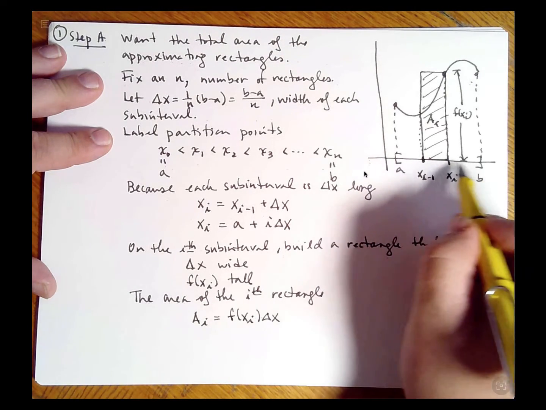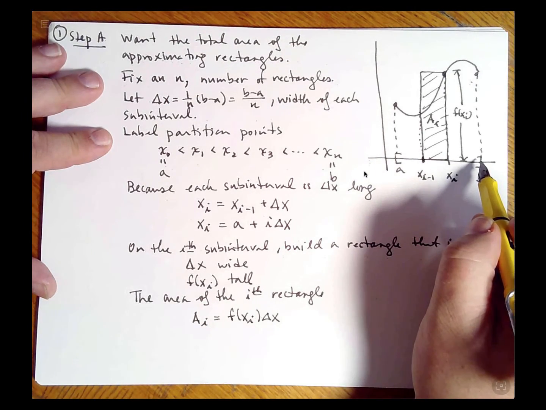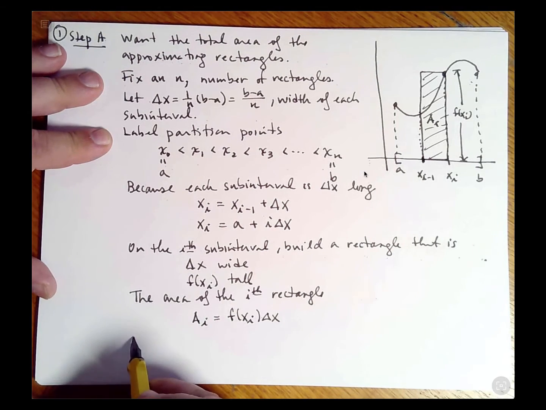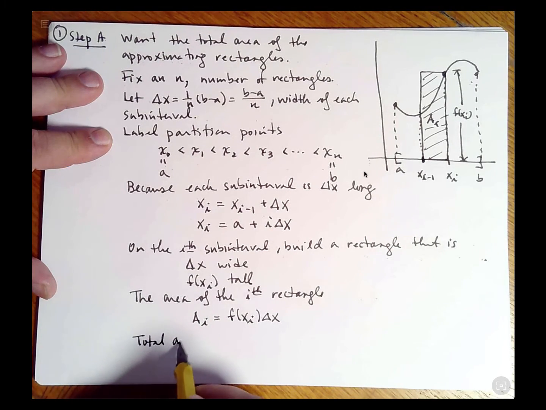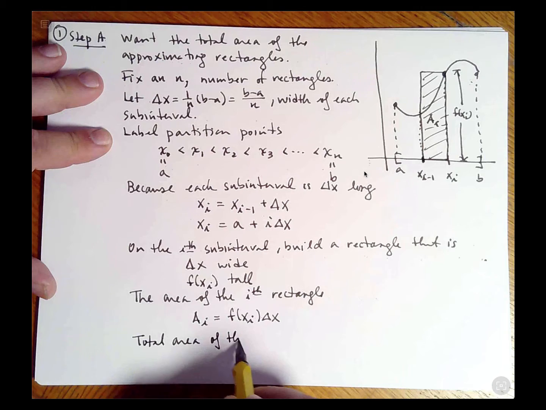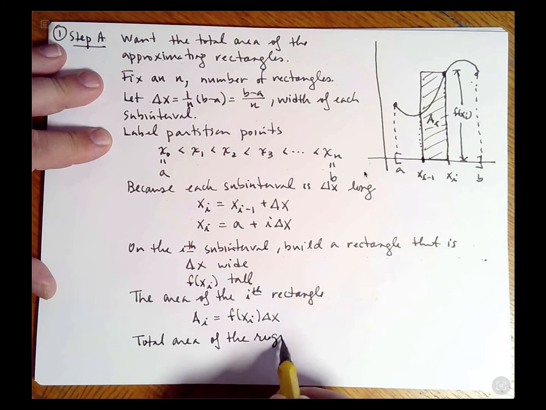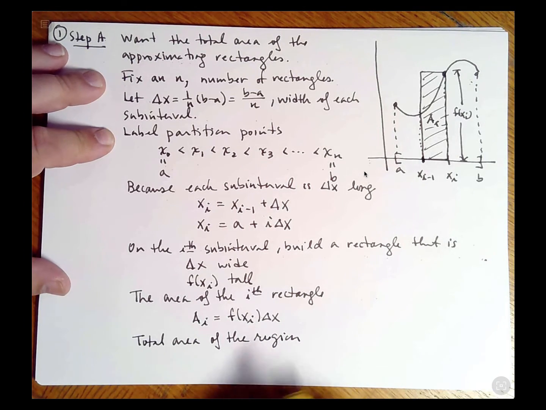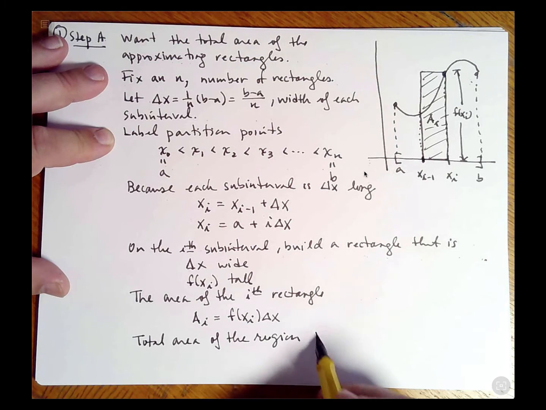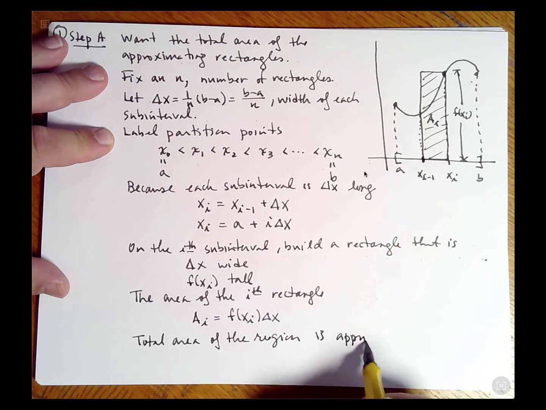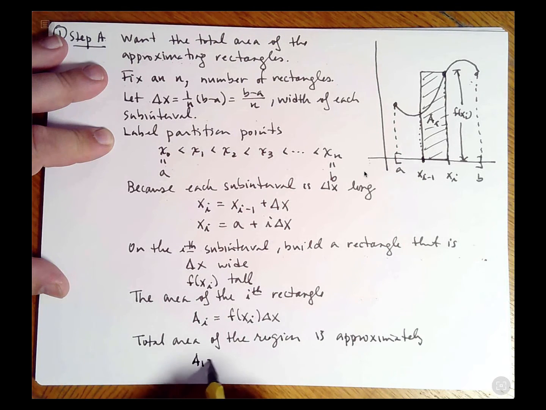We're going to have n of them. So the total area of the region under my curve is approximately the sum of the areas of the rectangles.